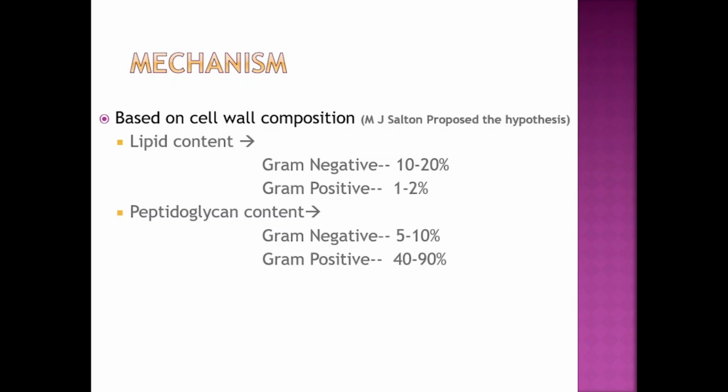So ultimately the porosity of the cell wall in gram negative bacteria on decolorization treatment is quite larger, sufficient to drain out the CVI complex, and that is why on decolorization treatment the gram negative cells appear colorless, which can then retain the secondary stain safranin.